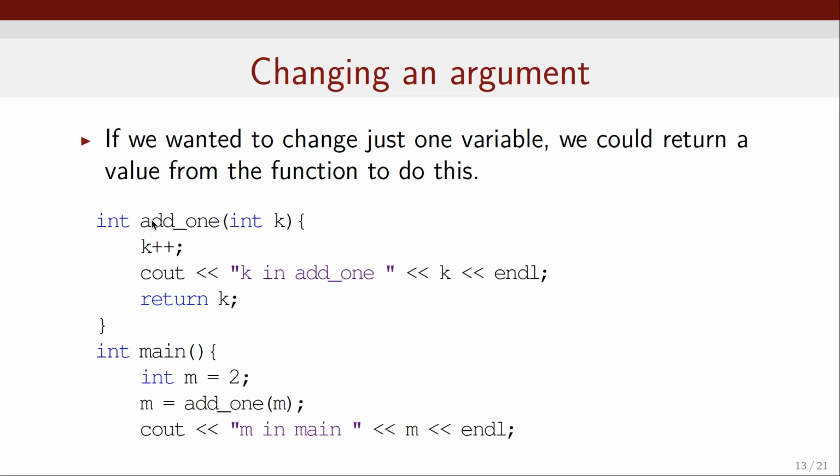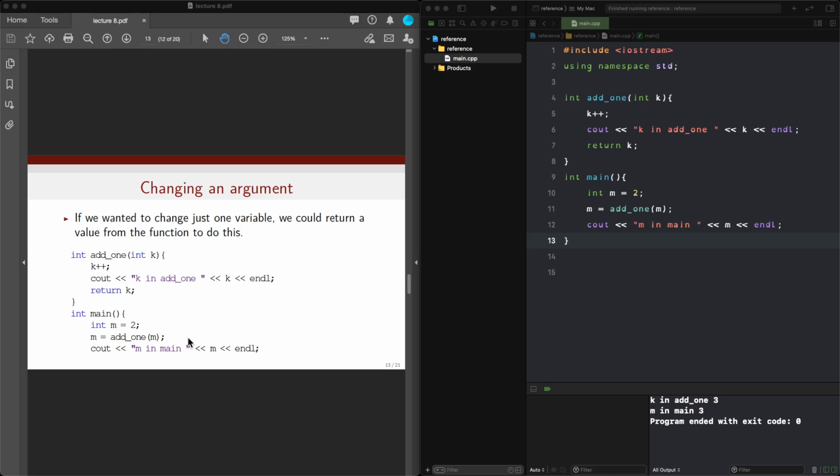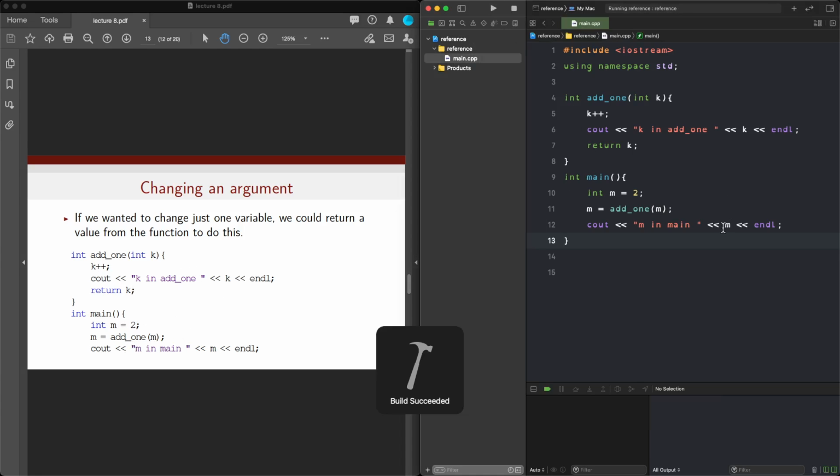So in this case, I have this function add1. I pass the number m equals 2, and let's check what happens. Okay, so we coded up this piece of code, and when I run it, we get k in add1 is 3 in this function, and then m in the main function is also 3.